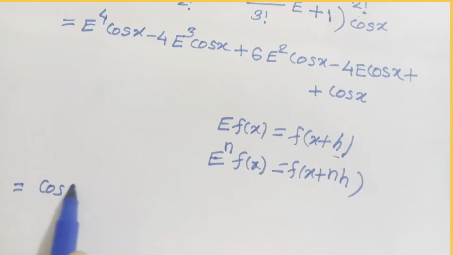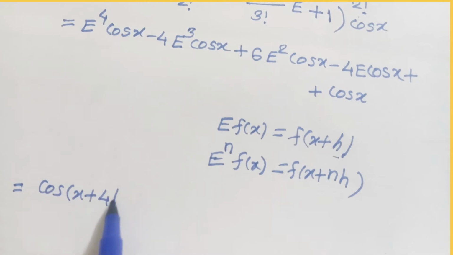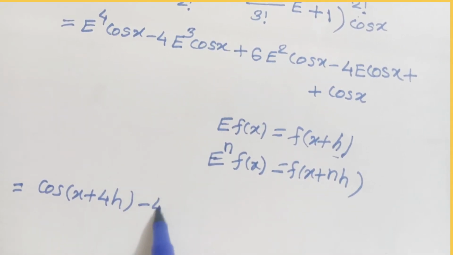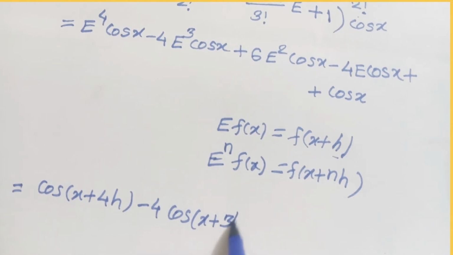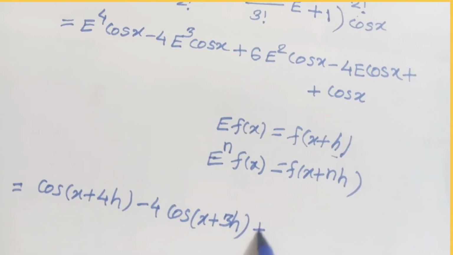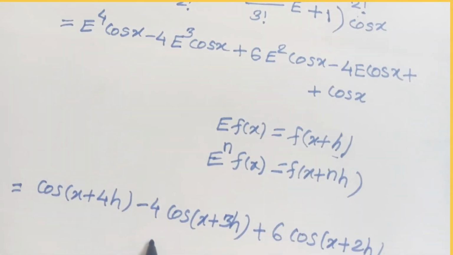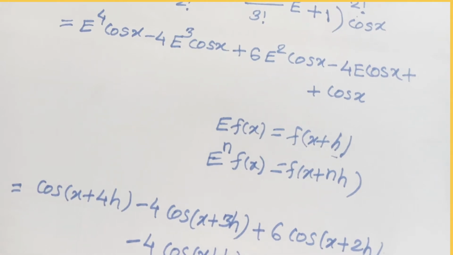cos x plus 4h minus 4 times cos x plus 3h, then plus 6 times cos x plus 2h. The next term is minus 4 times cos x plus h plus cos x.